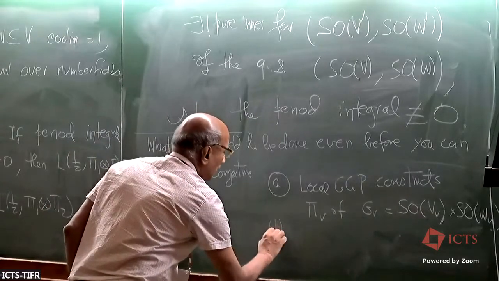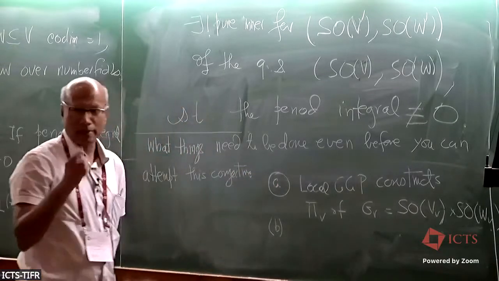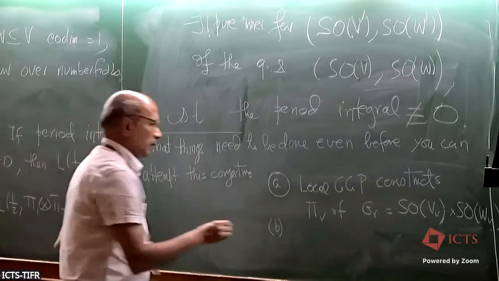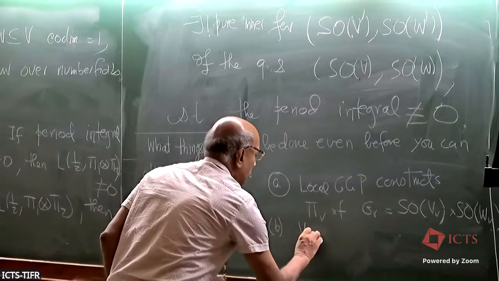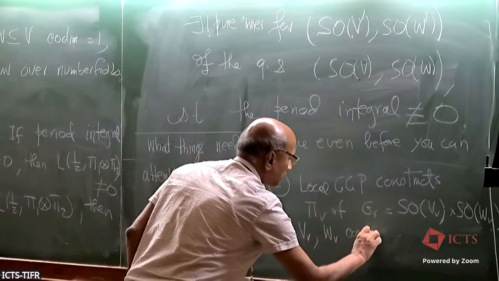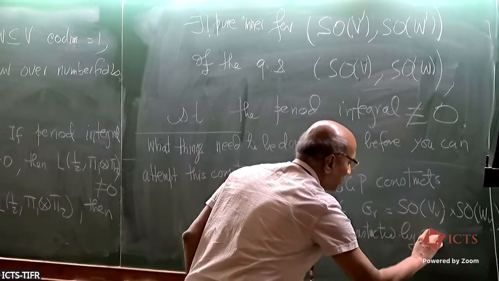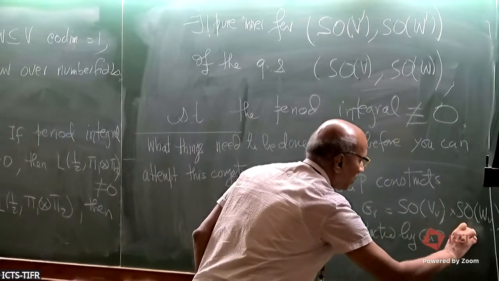Part B, you must ensure that these local spaces glue together to give you a global space. VV and WV constructed by GGP give rise to a global space.